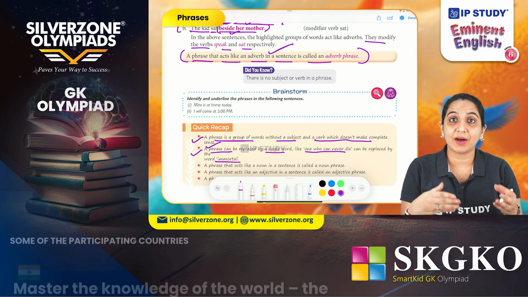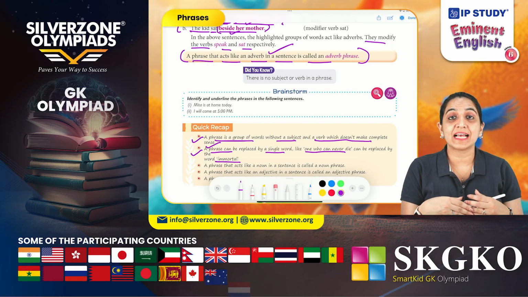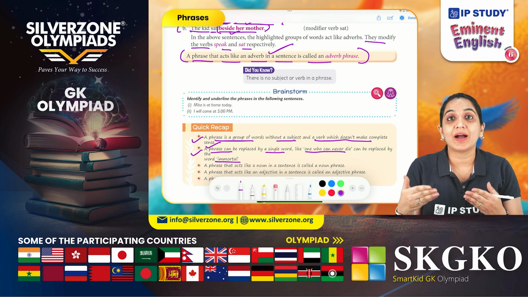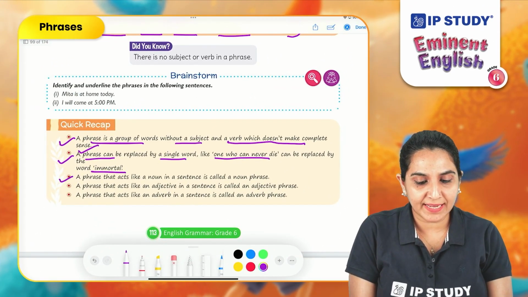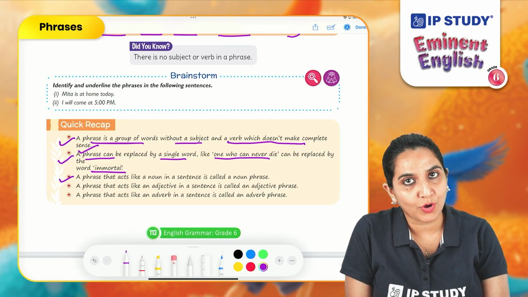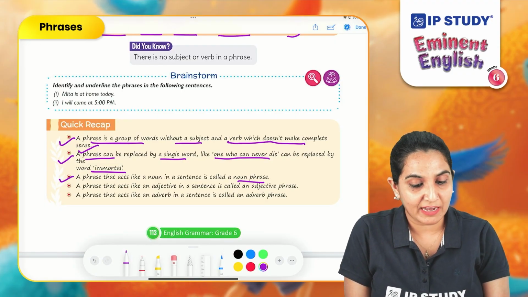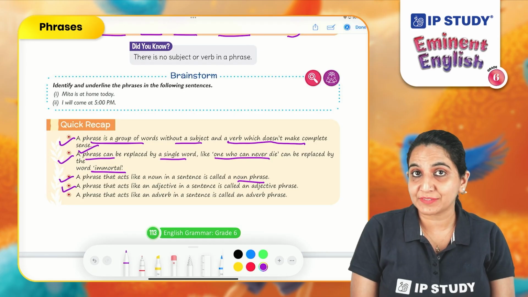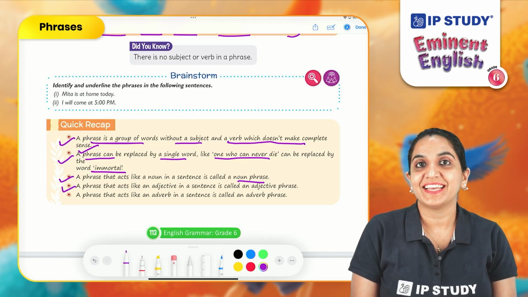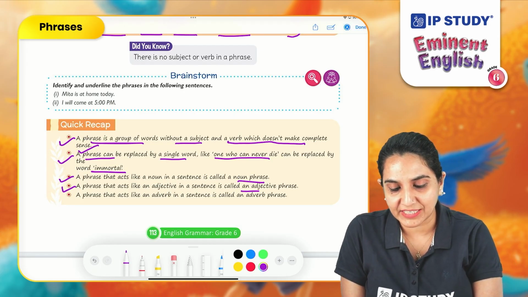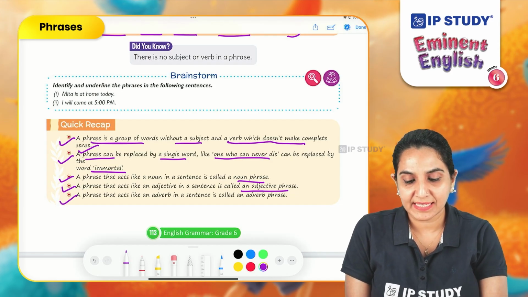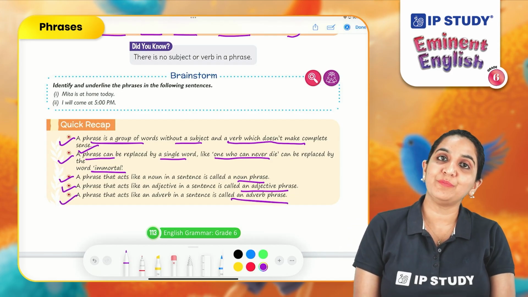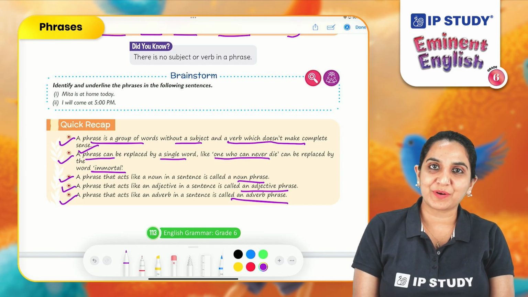We did some other examples as well, such as "man of wisdom," "a wise man." A phrase that acts like a noun in a sentence is called a noun phrase. A phrase that acts like an adjective in a sentence is called an adjective phrase. A phrase that acts like an adverb in a sentence is called an adverb phrase. So that was all about phrases.